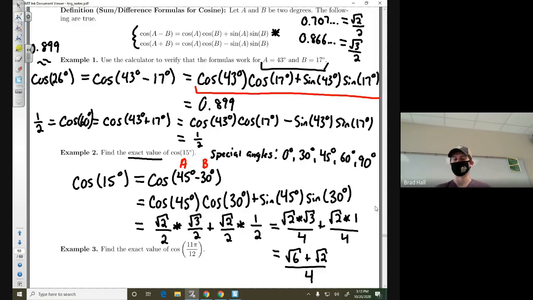The only reason I write it like that is because the back of the book writes it like this, and you're going to see that form and wonder why your form is not their form. The square root of 2 times the square root of 3, you can multiply the numbers underneath the square root, so it's just 2 times 3 with the square root that follows.